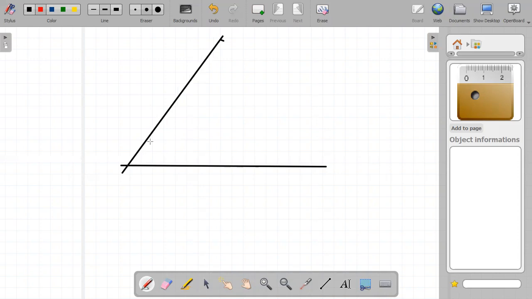Have you seen those angles, Shinal? Yes, sir. The angles formed by the hands of a clock always change. That nature is called dynamic nature.